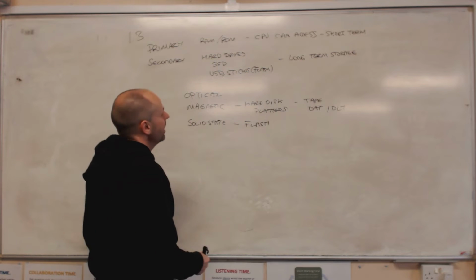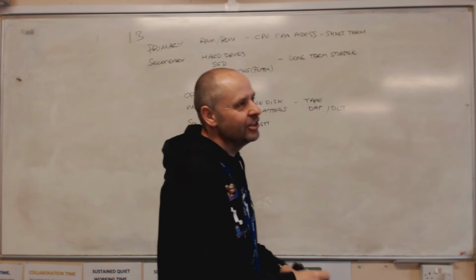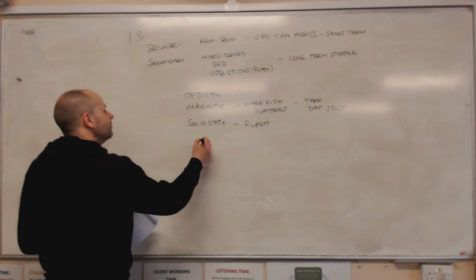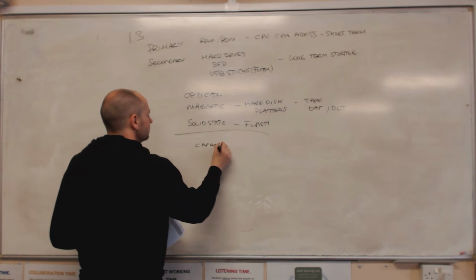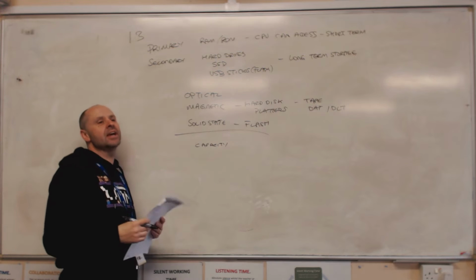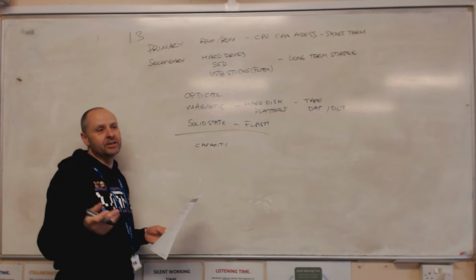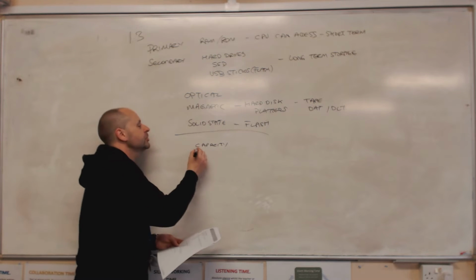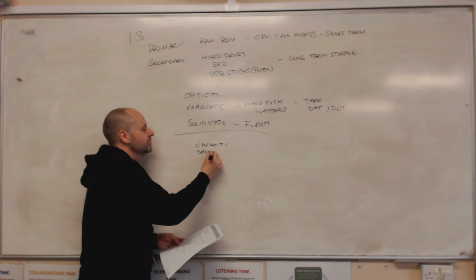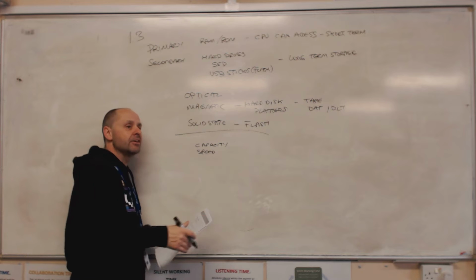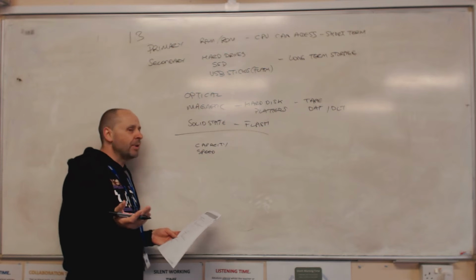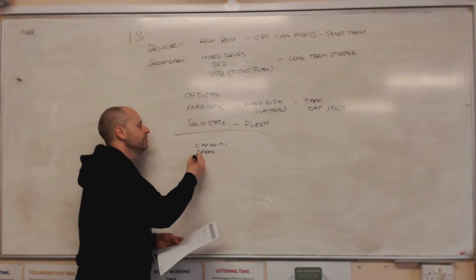They will ask you to think about these terms: capacity. How big is it? How much stuff do we want to save? That depends on the application again. The speed of it, access times. How quick can we read data from it? How quick can we write data to it? That depends on the application again.